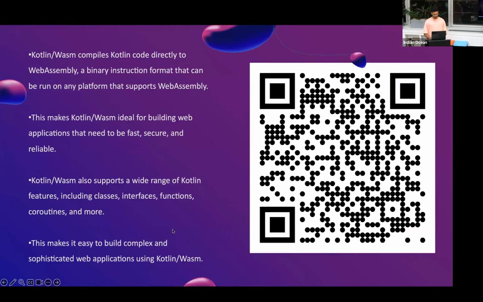It makes it easy to build complex and sophisticated web applications using Kotlin WASM. You can follow all the complex architectures that you're following right now in the app. You can build your repos out, you can build your middlewares out, you can even refactor with different architectures whenever you want to try it, and it will just work.